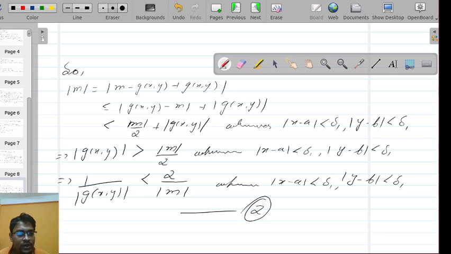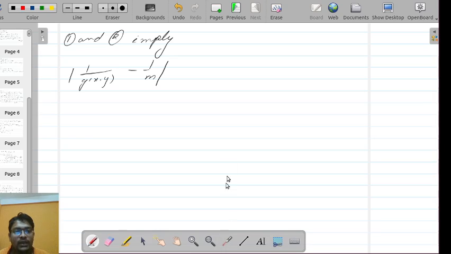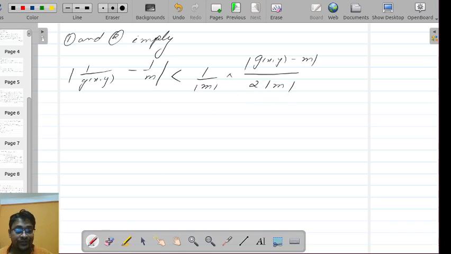So from 1 and 2 what is happening, mod of 1 divided by g of xy minus 1 by m, this quantity is strictly less than 1 divided by mod m multiplied with mod of g of xy minus m, divided by mod m by 2. Sorry, 2 divided by mod of m.